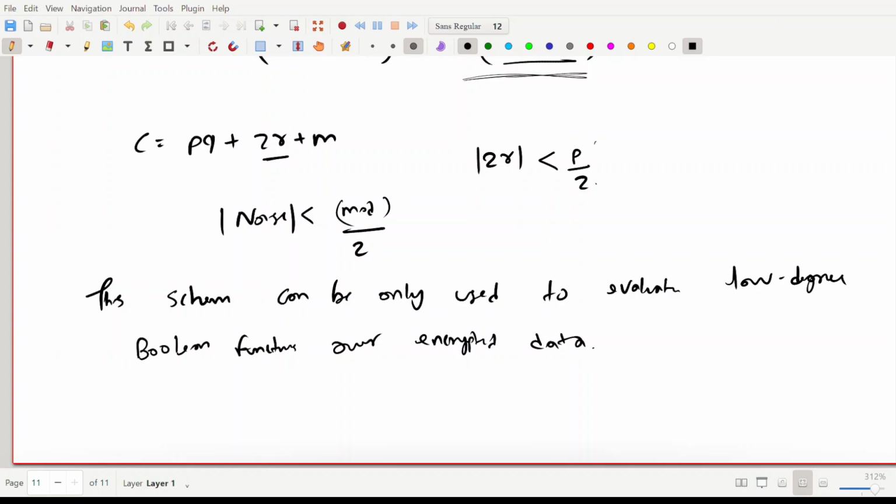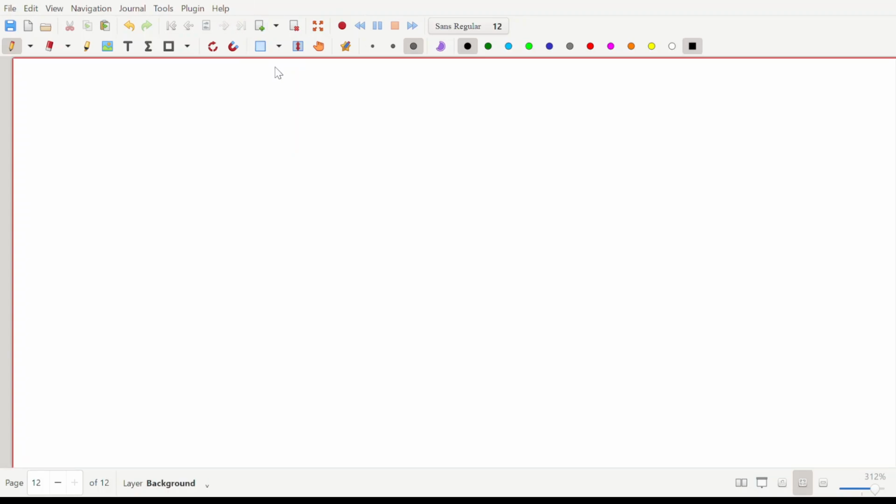Now let us see security. What is the security for this? Why is this scheme secure? So this scheme can be reduced to the hardness of the approximate integer greatest common divisor problem.